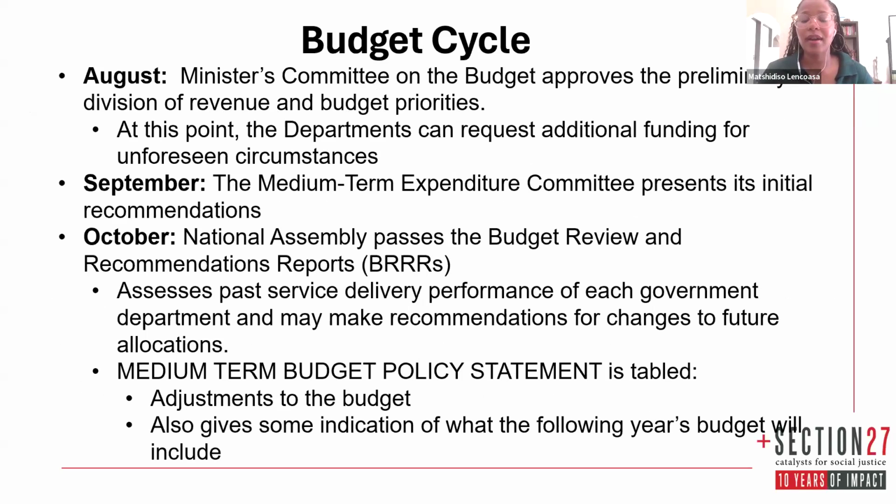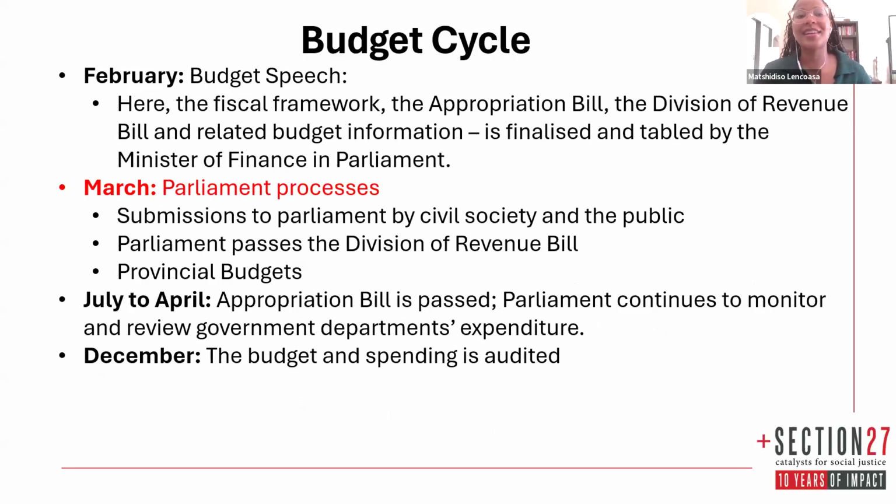We have what we call the medium-term budget policy statement that is tabled, and really what it does is adjust the budget to account for disasters that have happened this year or any adjustments that need to be made, but also to better reflect the priorities for the budget over the next few years. So it keeps going on, and then we have the budget speech, and after that, that's when we really see opportunities for public participation, be it the parliament processes or submissions to parliament.